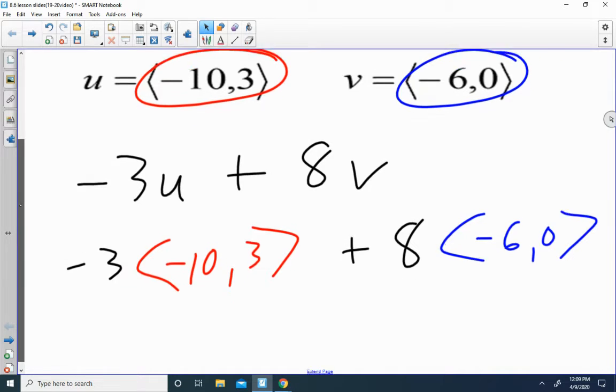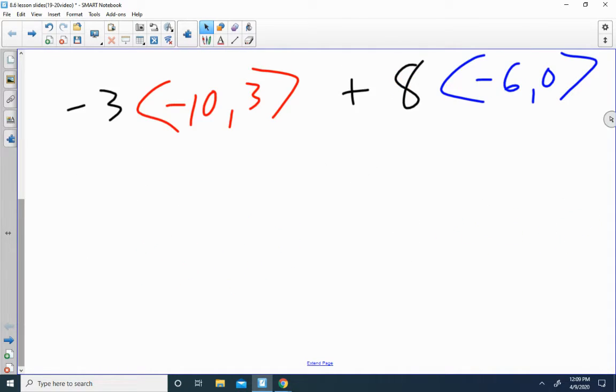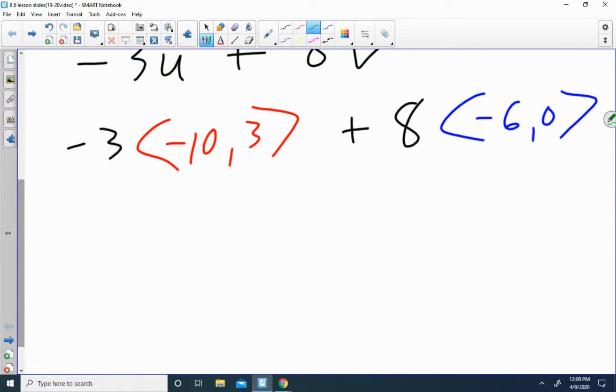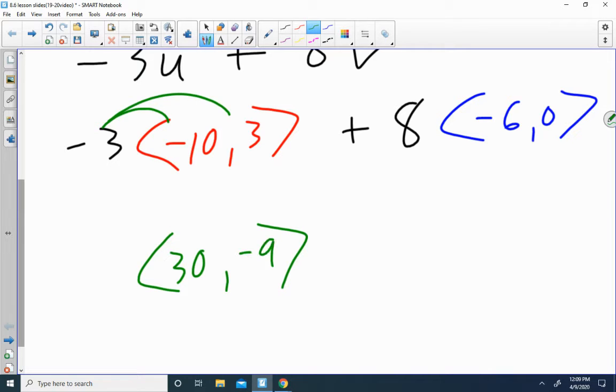If you remember from last week's video, to multiply these, it's basically the same as distribution. So you can distribute the negative 3 to vector u, and that is going to give you 24 comma negative 9. Then do the same thing with the 8.